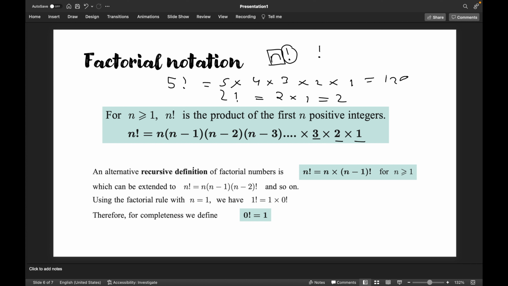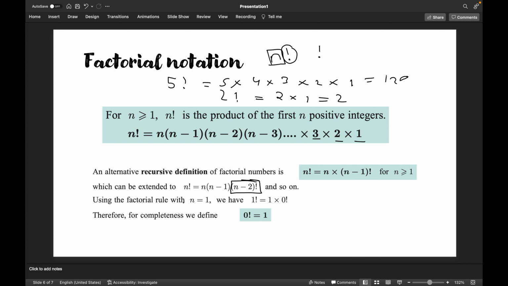So an alternative recursive definition of factorial numbers, which can be extended, is n factorial equals n into (n minus 1) factorial. This is important, and so on.